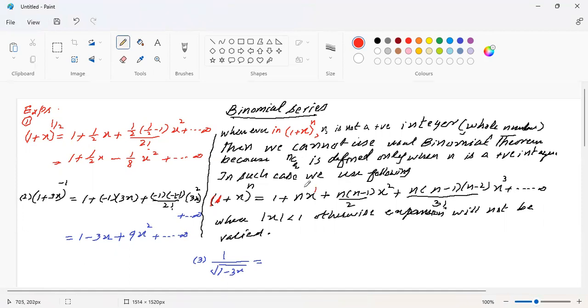You can write many terms of this binomial series expansion, and particularly this is known as the binomial series instead of binomial expansion.